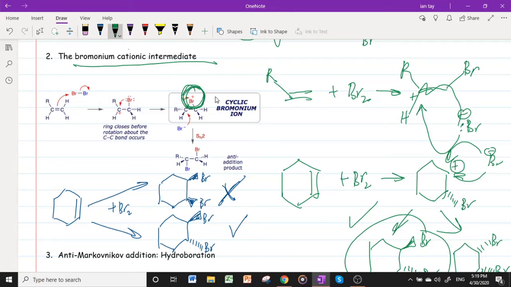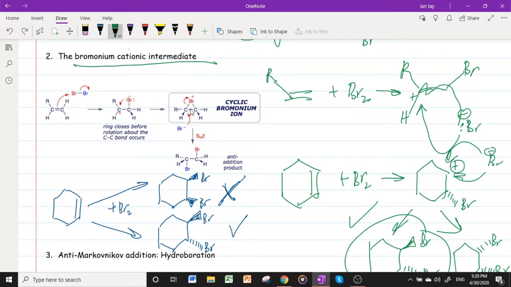So this is the bond that is actually formed. You can think of it as a positive charge being localized on the bromine atom, and the subsequent attack of Br minus is quite similar to epoxide opening. The attack of this bromide anion causes this C-Br bond to break, thus forming an anti-addition product.